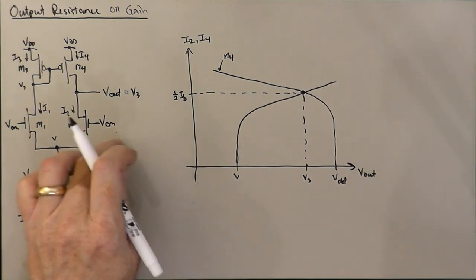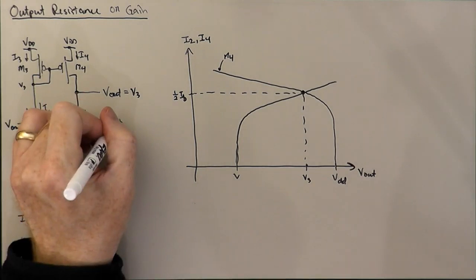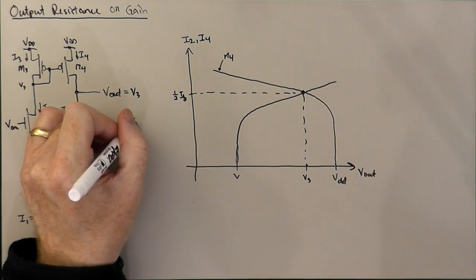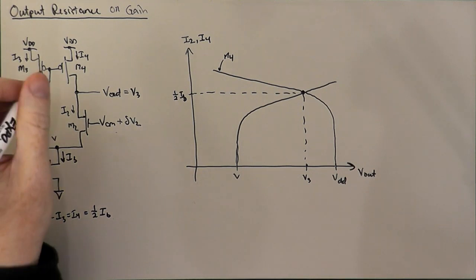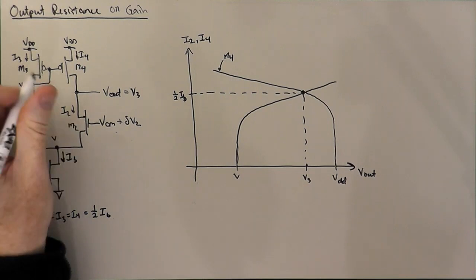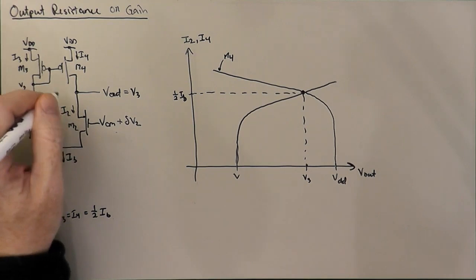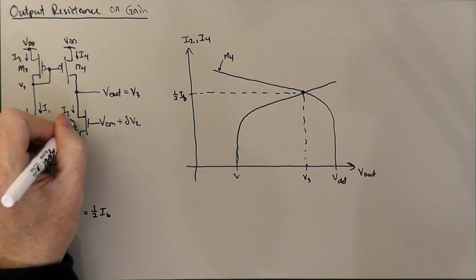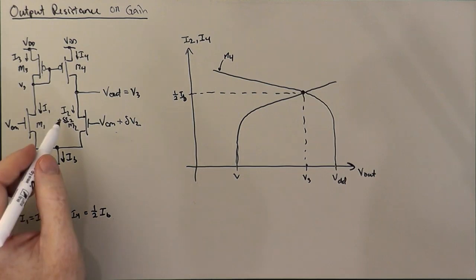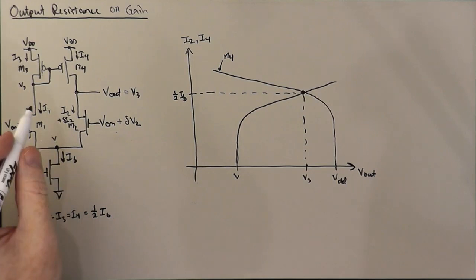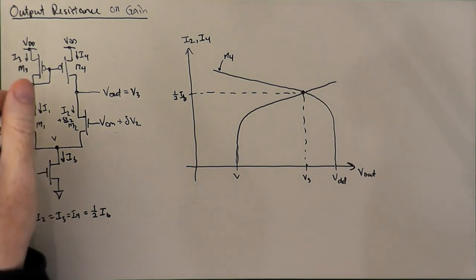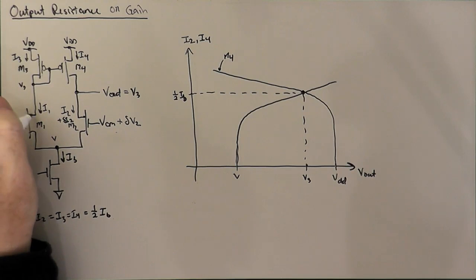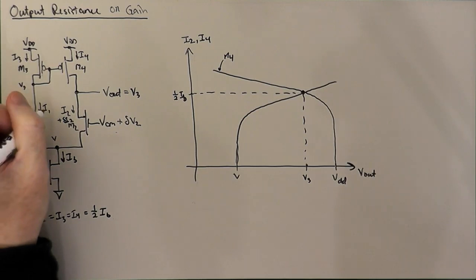So we're going to put some additional voltage into the M2 side, and that will increase the current flowing in I2 by some amount, which we could call delta I2, and that current has to be compensated for by an equal and opposite change in M1's current. So I1 is going to change by minus delta I2.